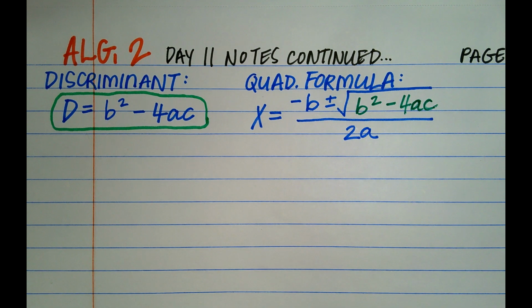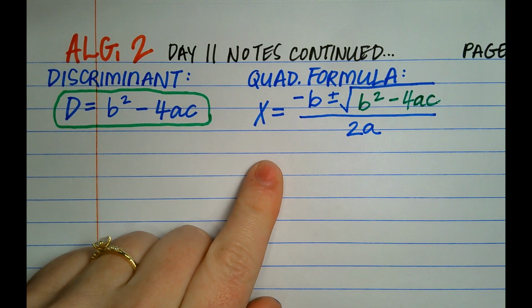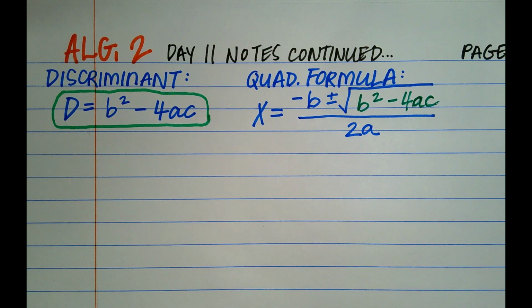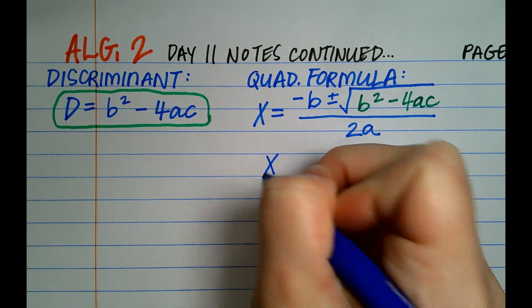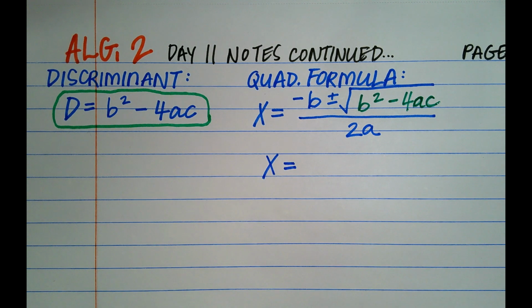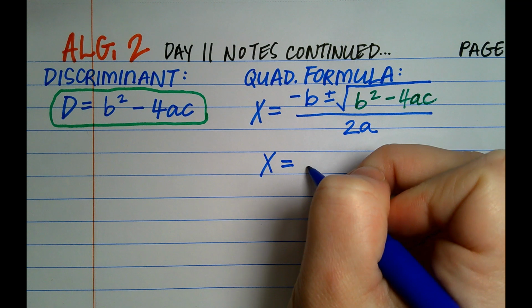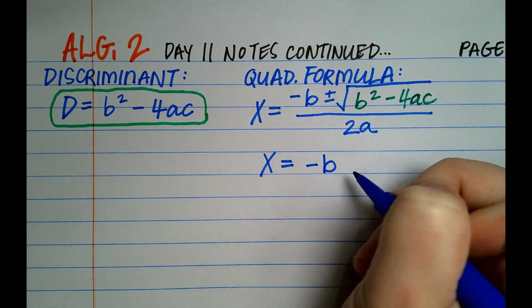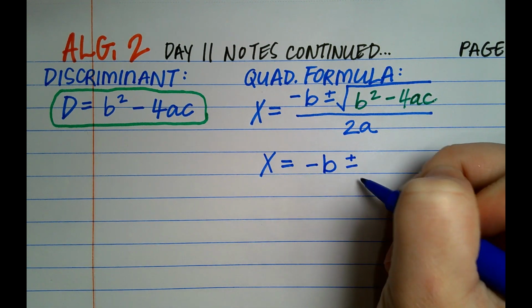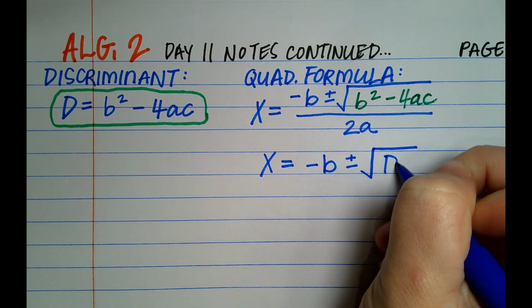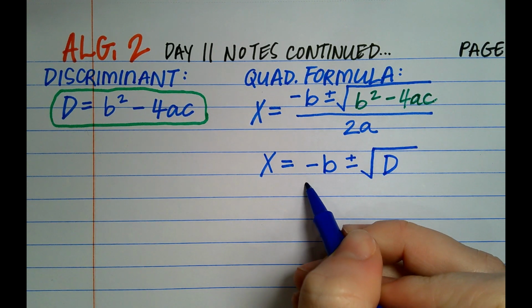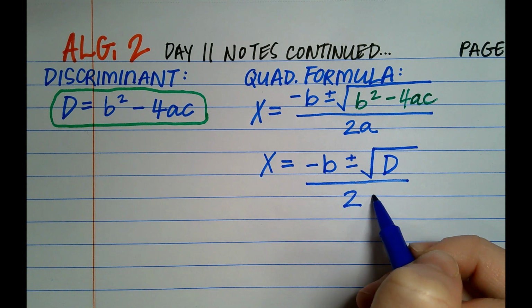Something that I have found helps keep track of what is happening when we're using the quadratic formula is simplifying this formula to this version. We will instead say x equals negative b plus or minus the square root of the discriminant all over 2 times a.